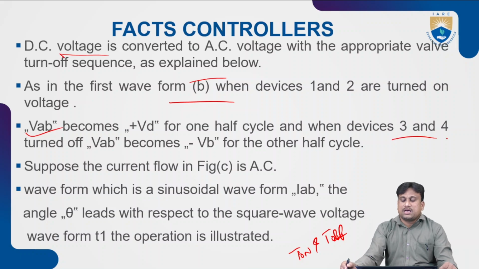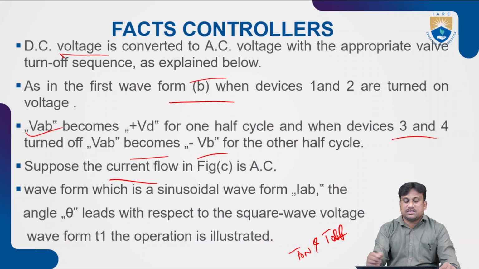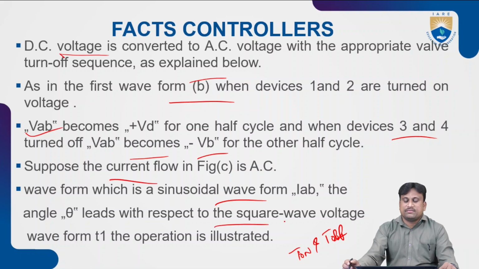When devices 3 and 4 are turned on, VAB becomes minus VD for the other half cycle. Suppose the AC current is a sinusoidal wave, IAB, which lags or leads the square wave voltage by an angle theta. That forms T1.